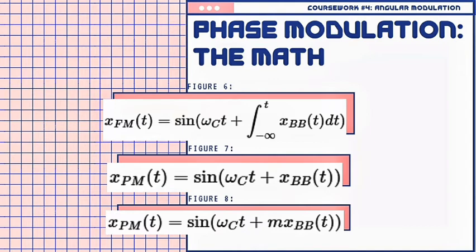Thus, if we perform phase modulation and frequency modulation with this baseband signal, the only difference in the modulated waveforms will be the alignment between the baseband value and the variation in the carrier. The variations themselves are the same. This will be clearer in the next section where we look at some time domain plots.